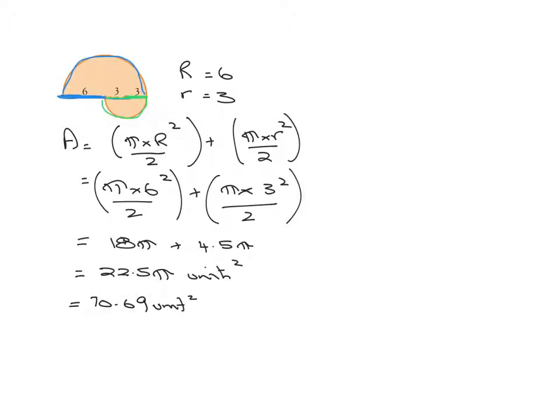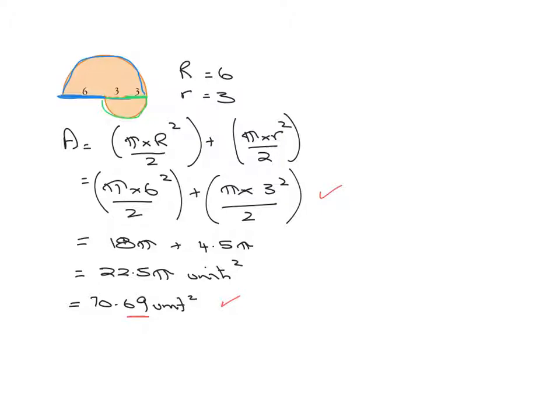Now if you just type it in from left to right, this section, of course you get that answer. Be careful, I have rounded off to 2 decimal places, which is 70.69, not 70.68, because you've got to remember that the third digit is a 5, which means you've got to round up.